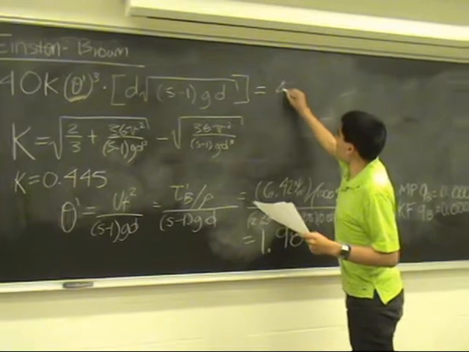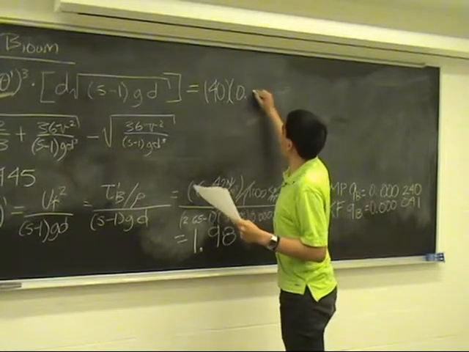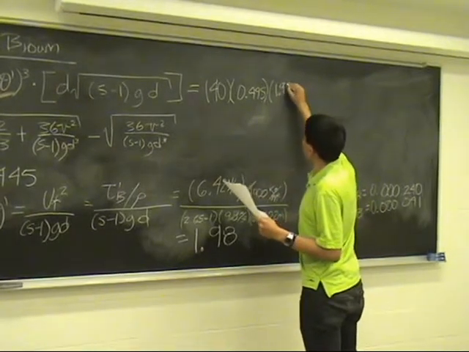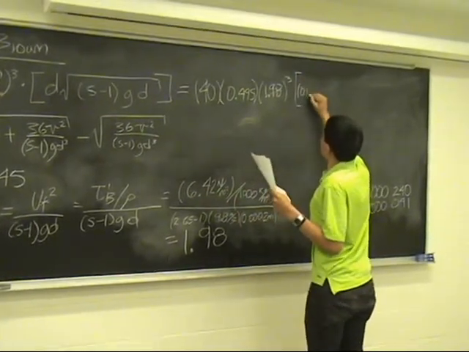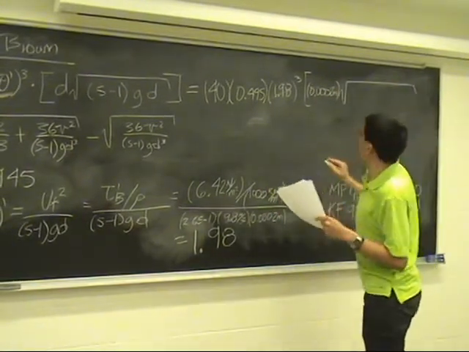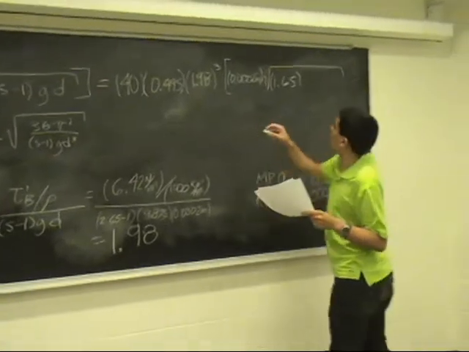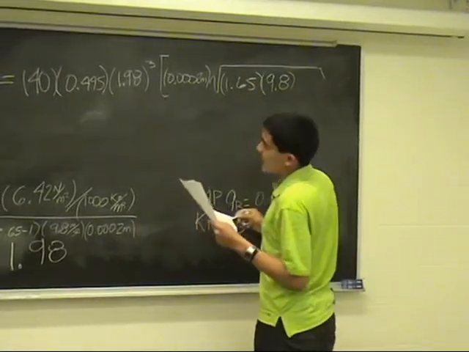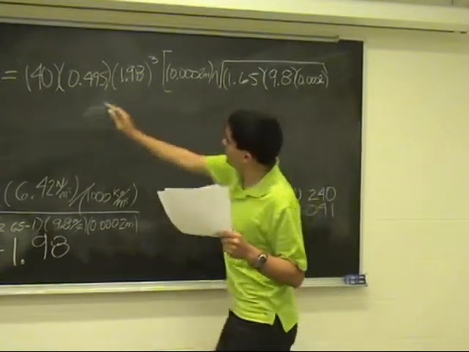So we plug it in. 40 times K, 0.445, times 1.98 to the power of 3, times this term here, 0.0002 meters times the square root of 1.65, which is 2.65 minus 1, times 9.8. And again, our famous D50.